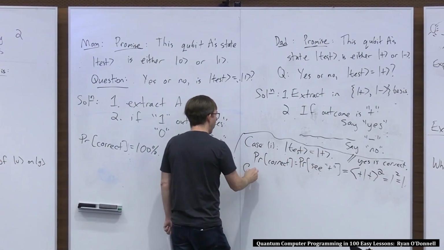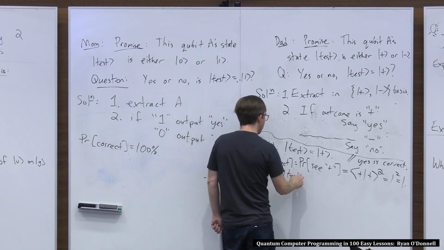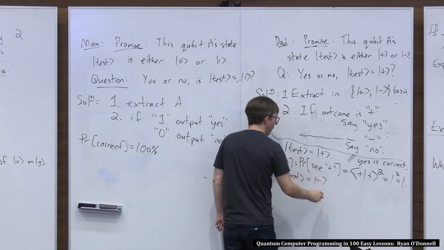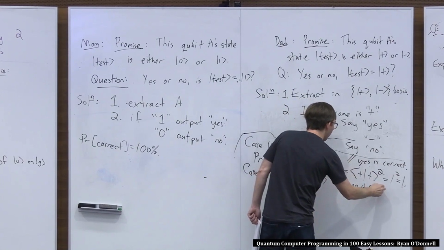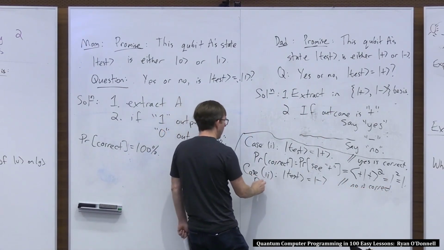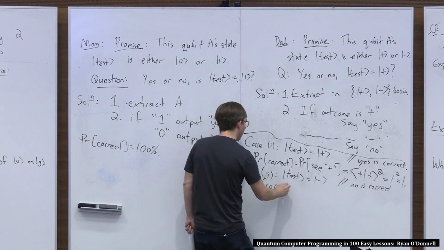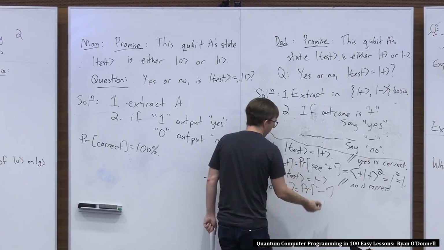On the other hand, it could be that the true vector is ket minus. In this case, no would be the correct answer. So the probability that you're correct is the probability that you measure it and see minus, which is also 1.